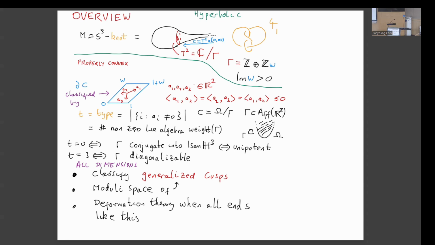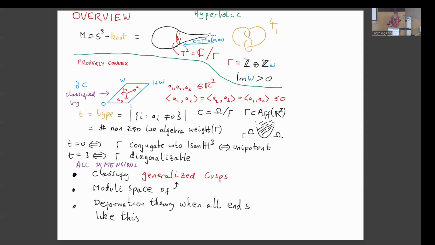On the face of it, at least in dimension 3, there are 3 different families, but it turns out that they all fit together in a very beautiful way to make a connected moduli space. So I want to describe that. And finally, the deformation theory of properly convex manifolds when all the ends are of this type. So that's the goal for these lectures.